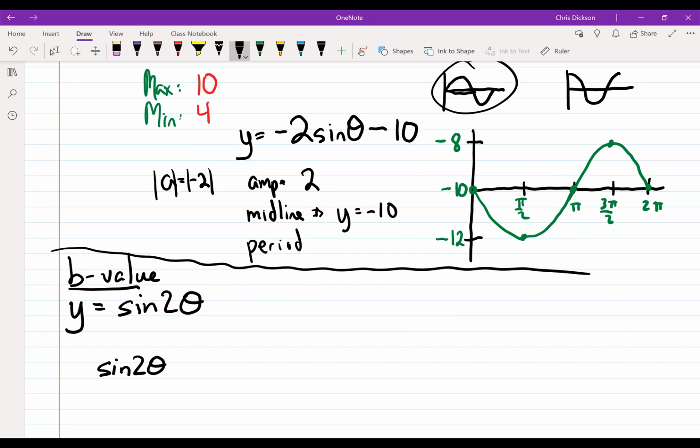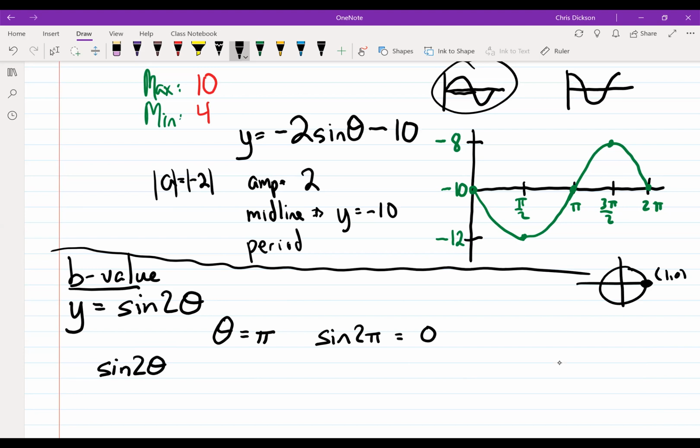And let's say we make theta a certain number here. Let's make theta equal to pi. So if I plug this in, I'm going to get sine of 2 times pi. And the sine of 2 pi, if you go back to your unit circle, 2 pi would be over here, and that's 1, 0, so that should be 0.